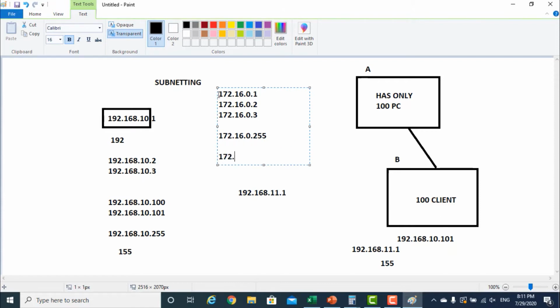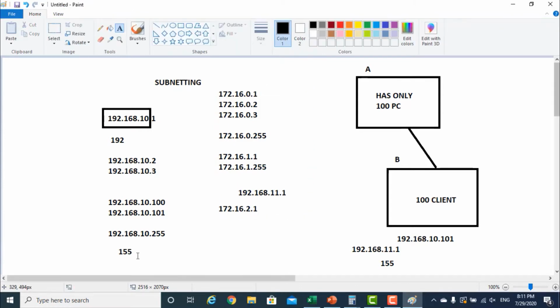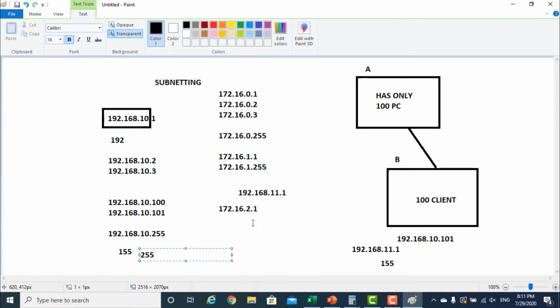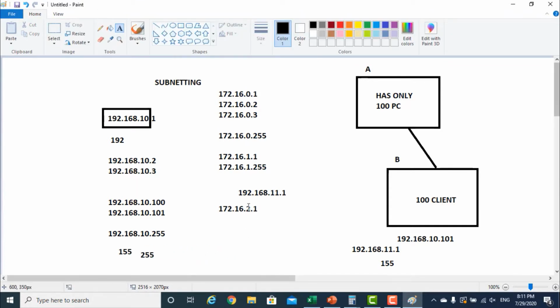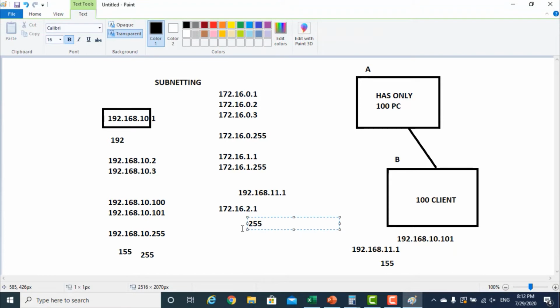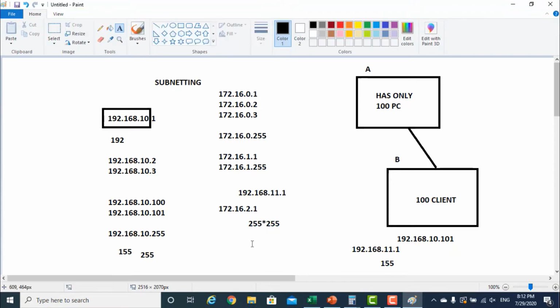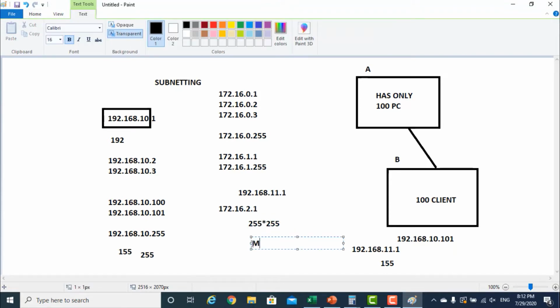You will start 172.16.1.1, like this to 255. Then you will shift to 172.16.2, increasing the second block and starting from 1 again. So for class C you have 255 addresses, and for class B, if you count all the blocks, 255 times 255, you will waste more than 65,000 IP addresses.